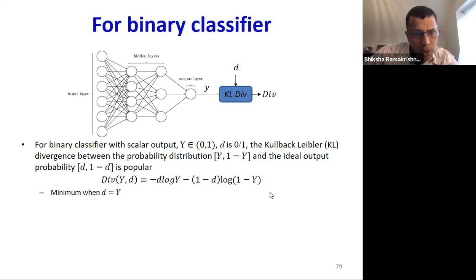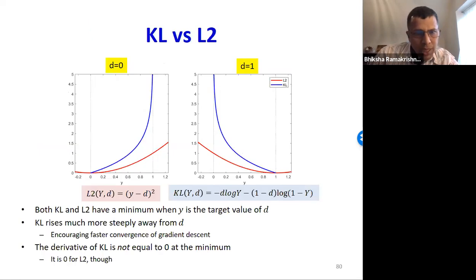Now to see why the Kullback-Leibler divergence differs from the L2 divergence, let's take a look over here. This is for the binary classification task. In this case, my desired output is 0, and y is the actual output. I'm showing this over here.